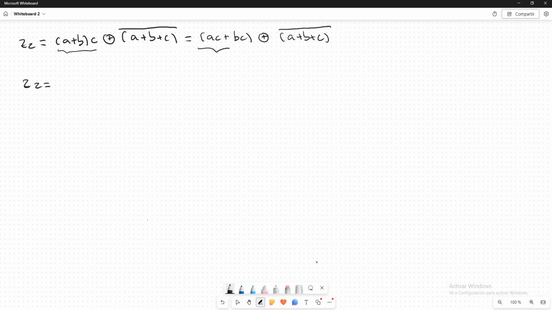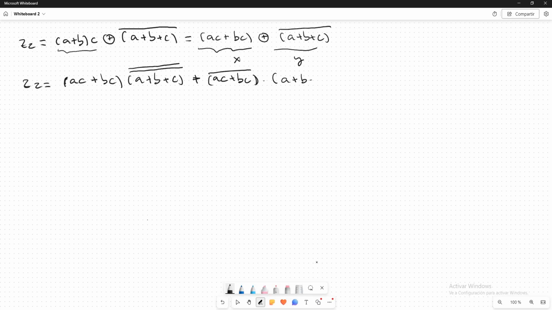So this term non-negated multiplied by the other term negated, plus the first term negated multiplied by the second term non-negated. Just in the same way, remember, it's just applying the XOR.